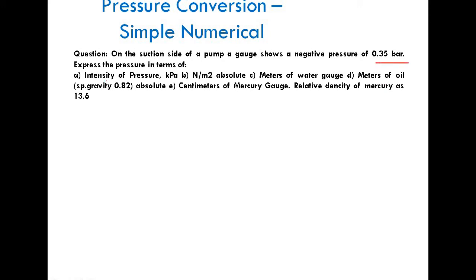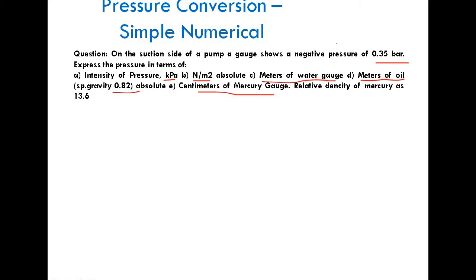Express the pressure in terms of A, intensity of pressure in kilopascal; B, in Newton per meter square absolute; C, meters of water gauge; D, meters of oil, specific gravity 0.82, meters of oil absolute; E, centimeters of mercury gauge, given relative density of mercury as 13.6. This is a typical example regarding units conversion of pressure. So if you can do this, you can do all typical problems belonging to this category.